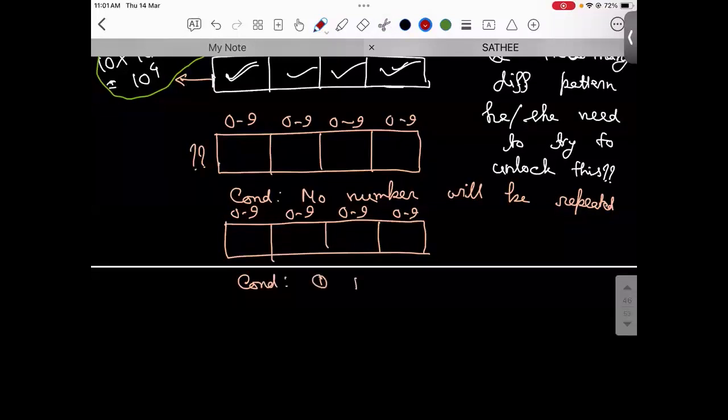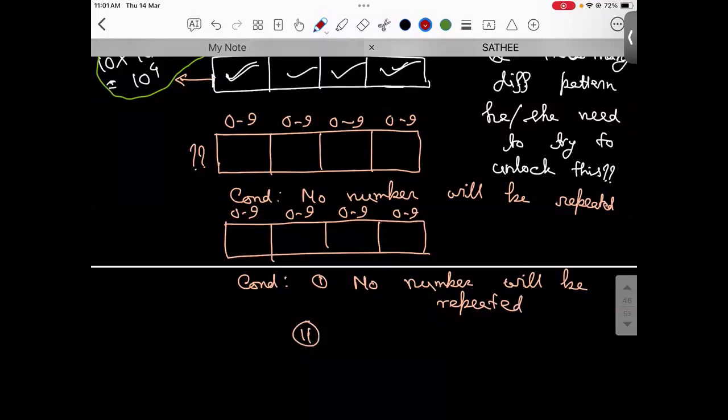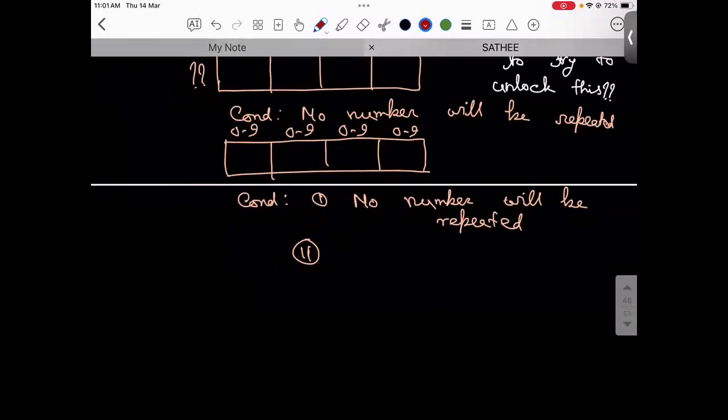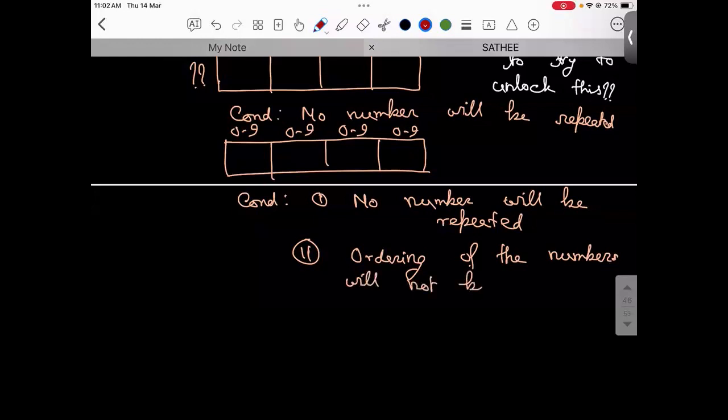One is that no number will be repeated. And the second one is that the ordering of the numbers will not be considered.